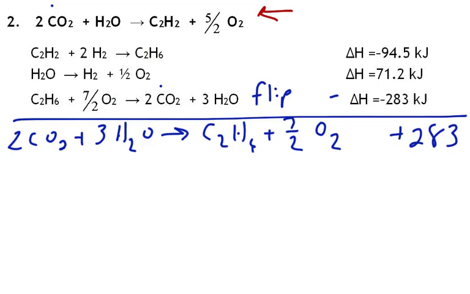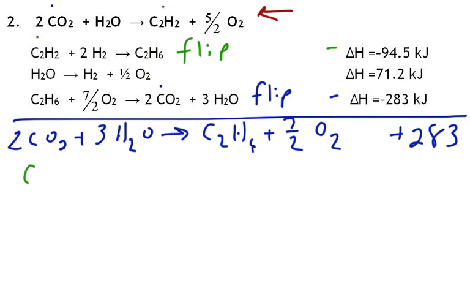Let's go on to the H2O. So we're looking for it on the left-hand side. The problem with water is that it's in two different places, so we don't want to mess with that right now. So let's look instead at C2H2, and it only shows up in one place, in reaction 1, and again it's on the wrong side, so we're going to flip that one, which means we change the sign, and I'm going to go ahead and write that over again.